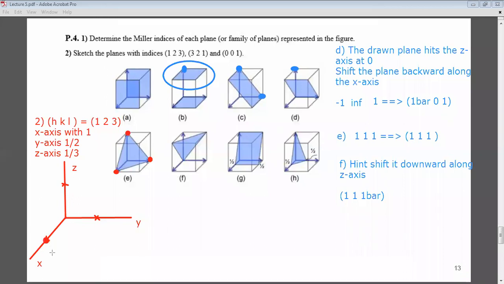It intersects at 1. The y-axis at 1/2, so it should be somewhere here at 1/2. And the z-axis at 1/3. So let's assume it's here. You can draw it properly in your notebook, and then I connect the dots. So this is my plane.